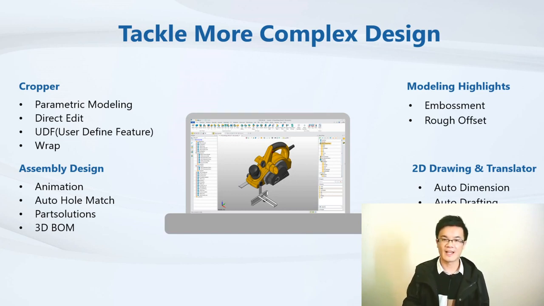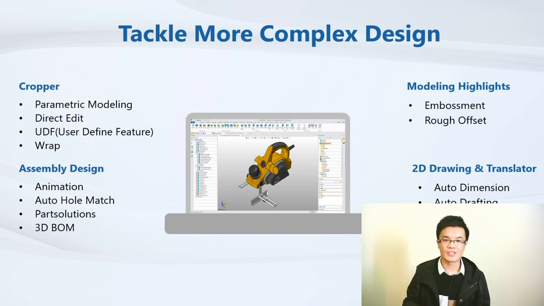About the modeling highlights, we have the embossment and rough offset. In assembly design, we can create the animation and use the auto mate to constrain the fasteners, very convenient. After you finish your design, you can use our 3D BOM to export the Excel format.